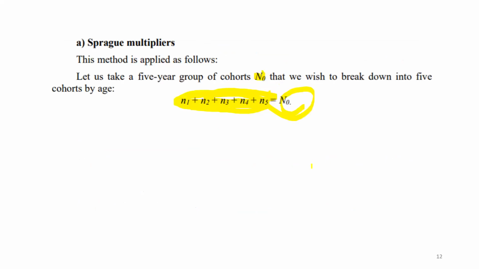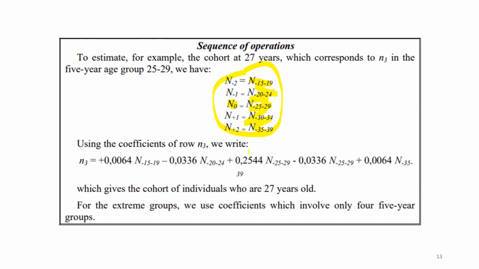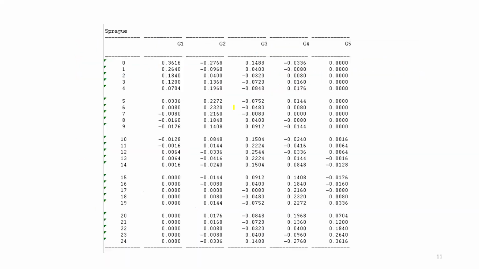That's what this slide also says. Even though you use these 5 age groups for your calculations, you will have single year age distributions only for the N0 age. So that's why you have 5 columns here. We are using 5 age groups for these 5 years, but you will have single year age distributions only for the ages in N0.